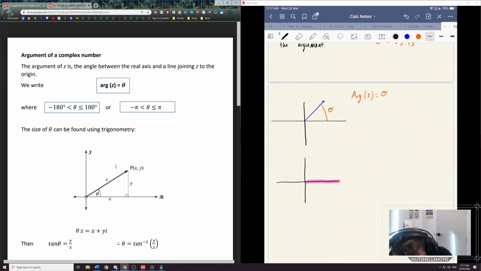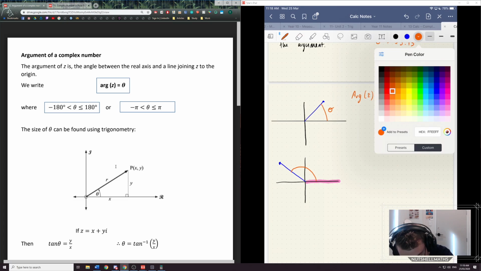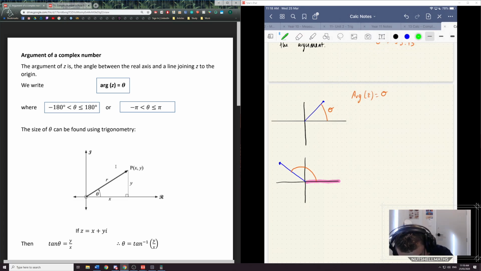So you can see here that if I had a complex number that looked like this, the argument is actually here. This is the angle we care about. And we'll talk about this more later, but this is the angle we care about. But the angle we can actually calculate is this angle.